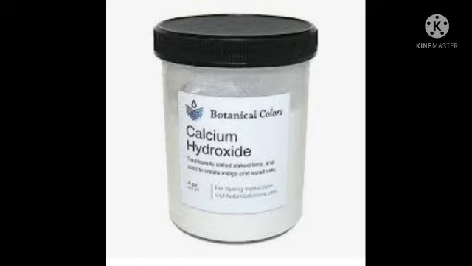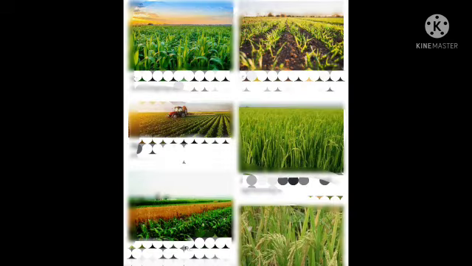Next, second one is it is an ingredient in whitewash or mortar. Third one, it is a component of the borax mixture used for protecting agricultural crops from pests. Fourth, it is used in the preparation of dry mixes for painting and decorating.